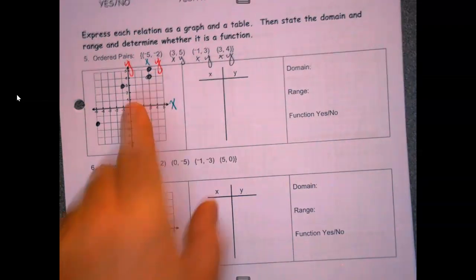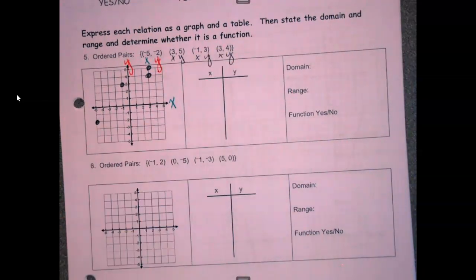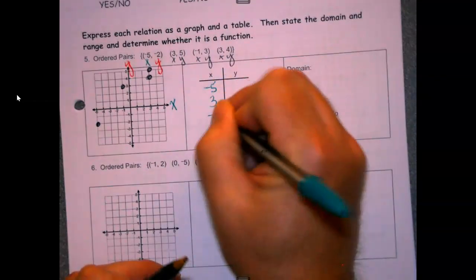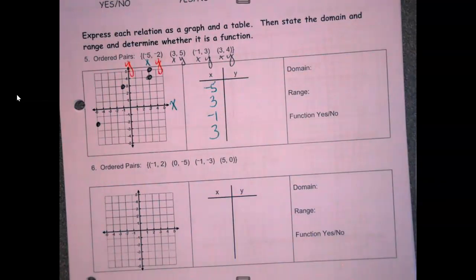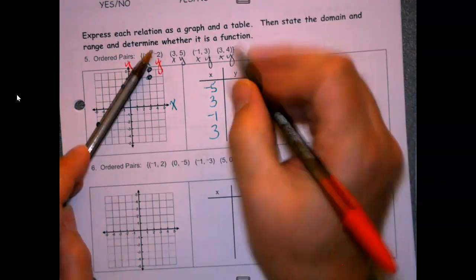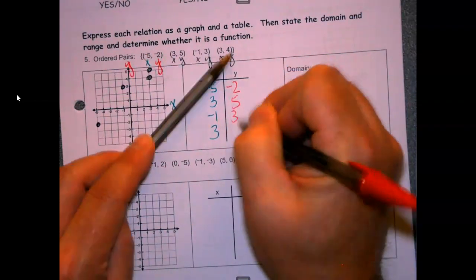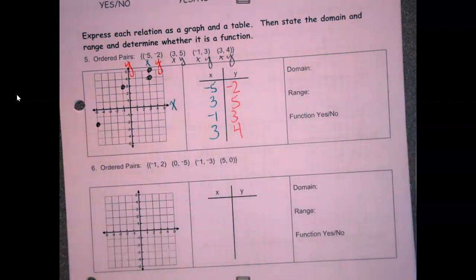So I'm just graphically doing what I'm given there. Once I have that set, I absolutely can go back and make my chart. Put all my x values in here. Put all my y values, all the second numbers, over here to the right.